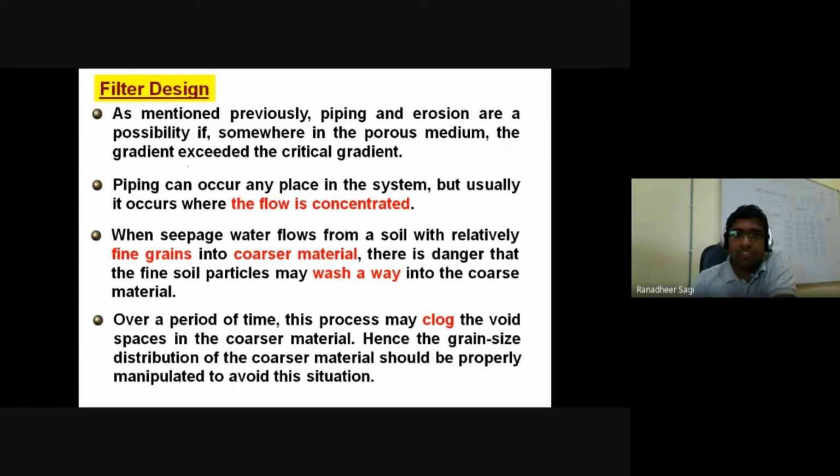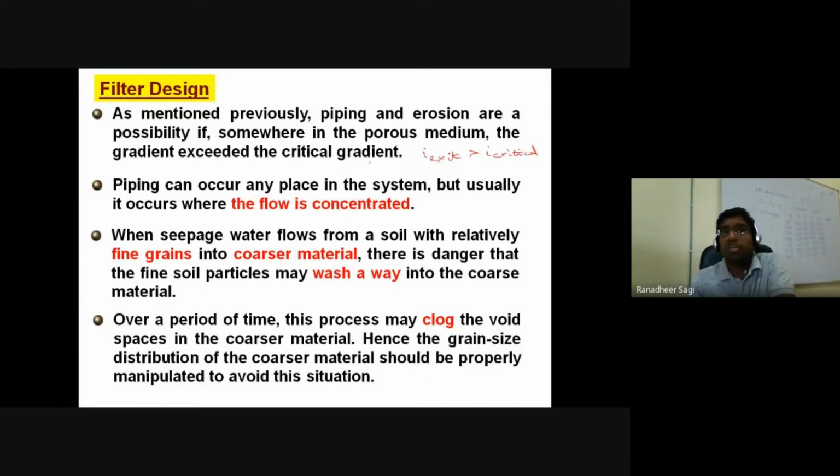As mentioned previously, piping and erosion are a possibility if somewhere in the porous medium the gradient exceeds the critical gradient. We already talked in the last class about this: whenever the exit gradient towards the downstream sloping surface is greater than the critical hydraulic gradient, then we say piping failure takes place.